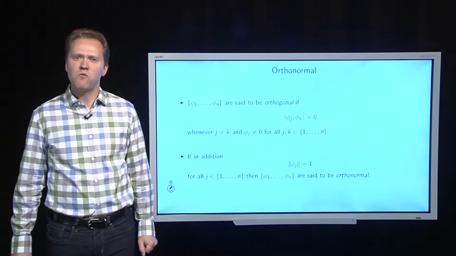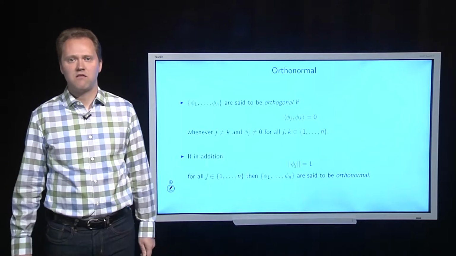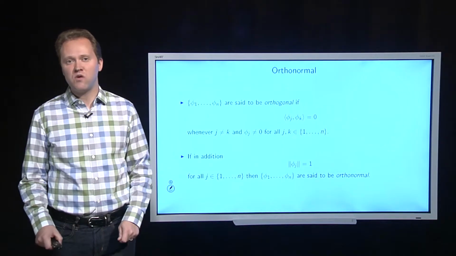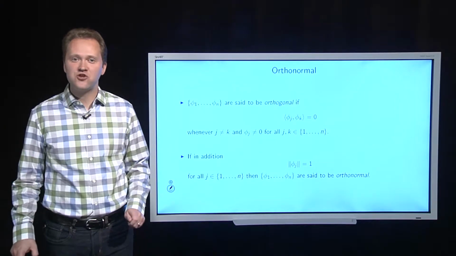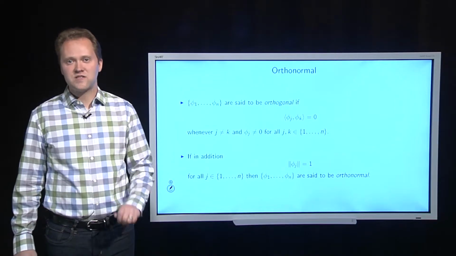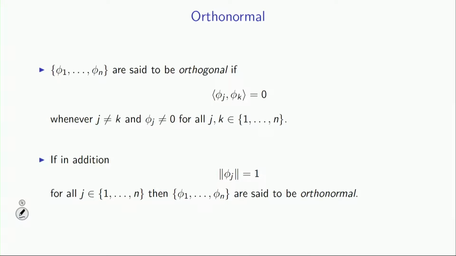Orthonormal, what does that mean? Well, we say first that a set of vectors is orthogonal if the inner product of any two different vectors is 0. In this definition, I decided to omit all 0 vectors. One could, of course, say that the 0 vector is orthogonal to any other vector, in fact, orthogonal to itself, but that creates some annoyances, so let's just throw out any 0 vectors and say that our vectors are non-zero.